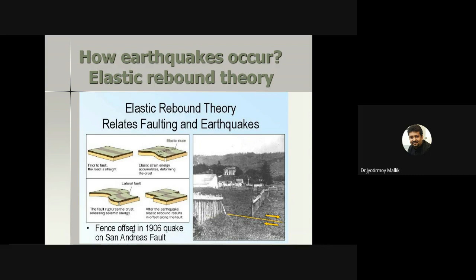Now you can see here the fence offset of the 1906 earthquake along the San Andreas Fault. You have already read about the San Andreas Fault during the small assignment that you did. You can see here that after the faulting event, this small fence has moved away from here to here.